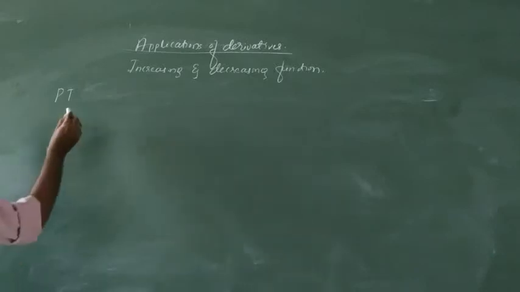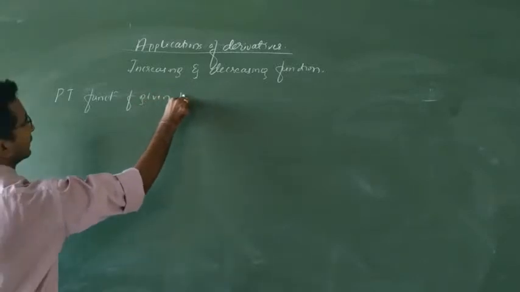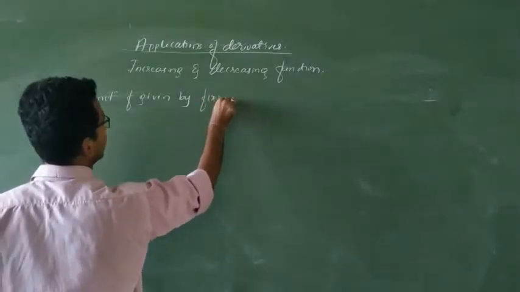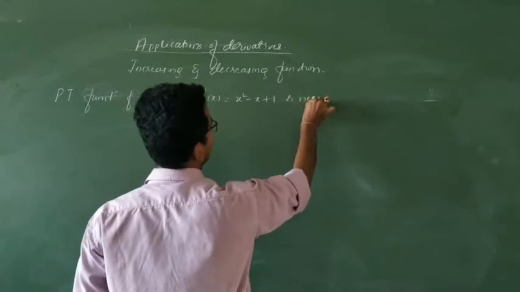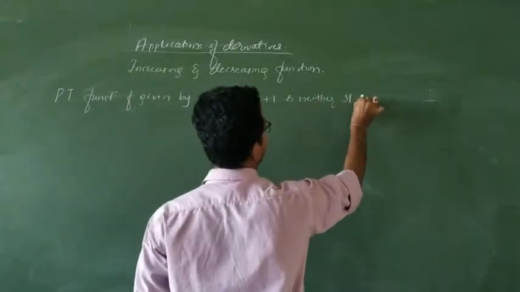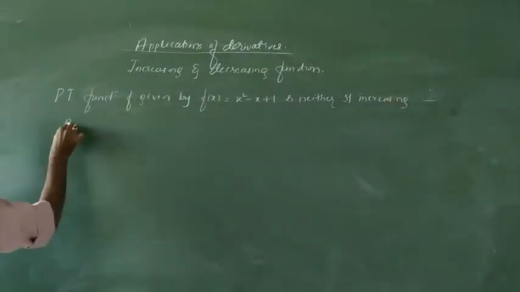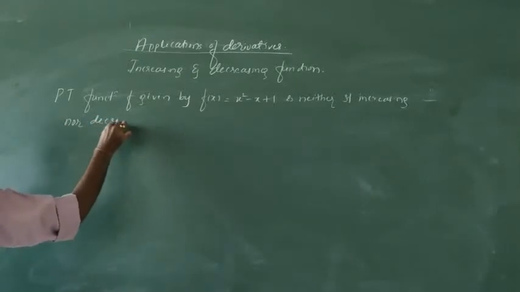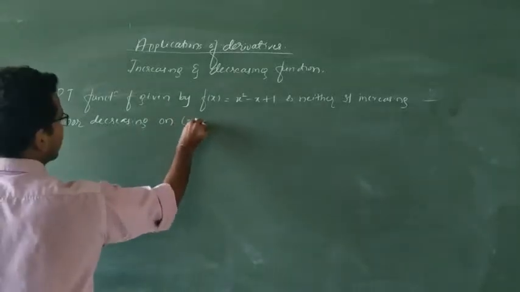The next example is: prove that the function f given by f of x is equal to x square minus x plus 1 is neither strictly increasing nor decreasing on minus 1 comma 1.